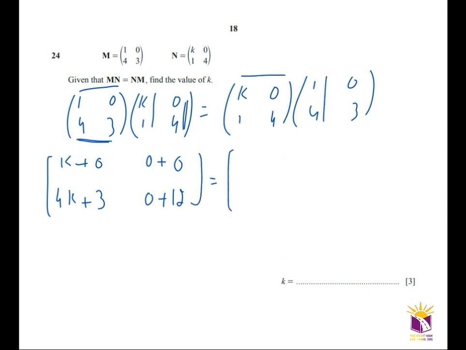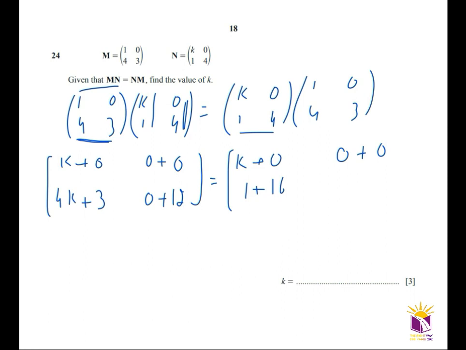First row, first column: k times 1 is k, 0 times 4 is 0. First row, second column: k times 0 is 0, 0 times 3 is 0. Now second row and first column: 1 times 1 is 1, 4 times 4 is 16.